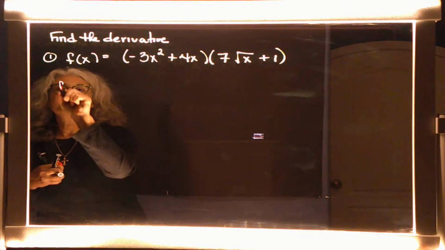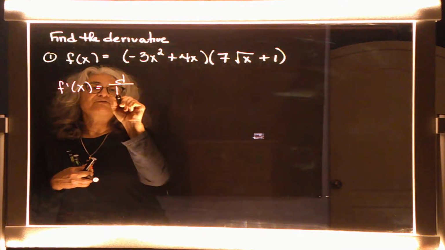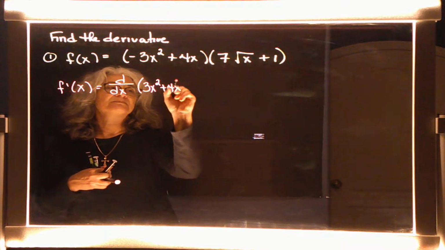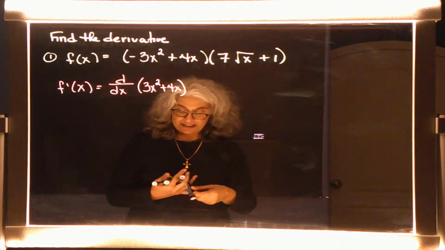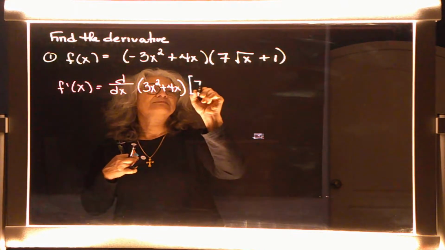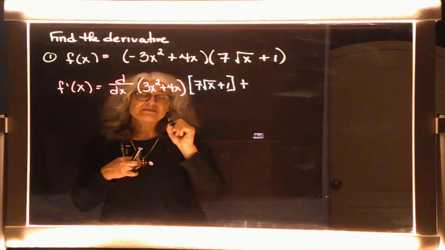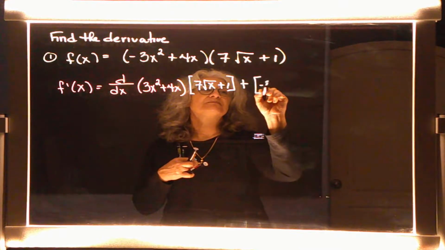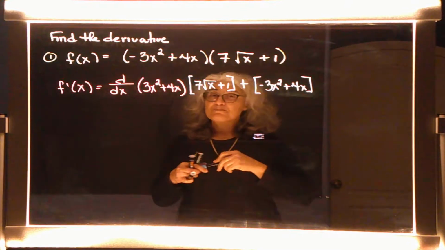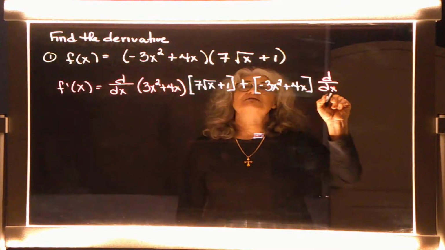To find the derivative of this function, I need to take the derivative of the first one, multiply it by the second one, add to it the first one, multiply to it the derivative of the second one.